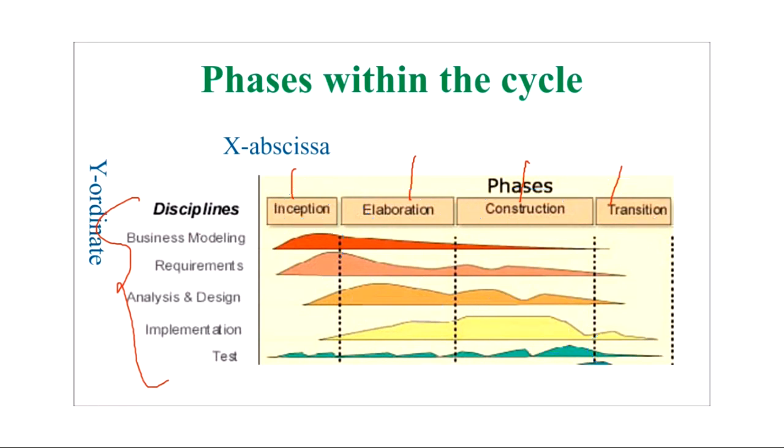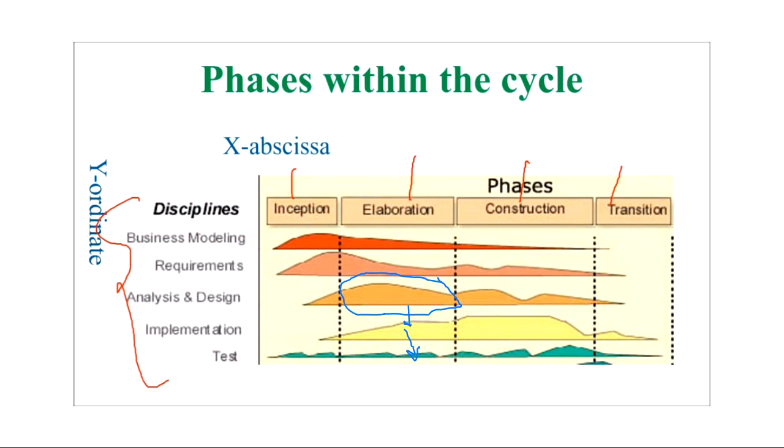Why this is distributed, because this is cyclic. Every phase is cyclic. Okay. For example, in the elaboration phase, your main work is to perform design. You designed whatever the user needed. After that, you coded your design. After that, you performed the testing. But some bugs came while testing, and those bugs were not with respect to this coding part.